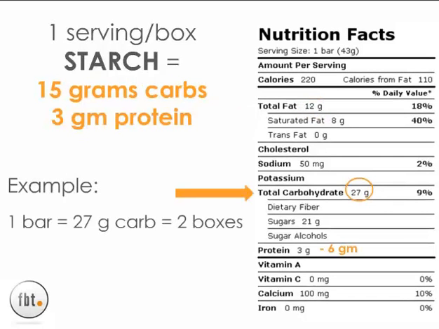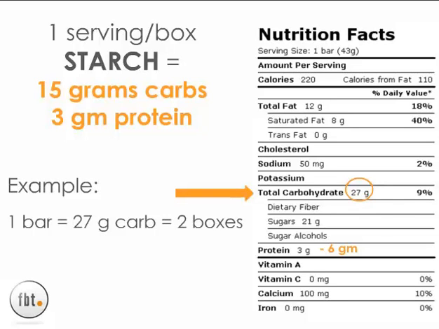Next is starch. Reminder that 15 grams of carbohydrate and 3 grams of protein equal a serving of starch. So looking at the food label on total carbohydrate, I see that there's 27 grams of carbohydrate. 15 grams goes into 27 grams just about 2 times. So if I eat the full Kit Kat bar, I'm going to take in 27 grams of carbohydrate, which is also going to equal 2 starch boxes.